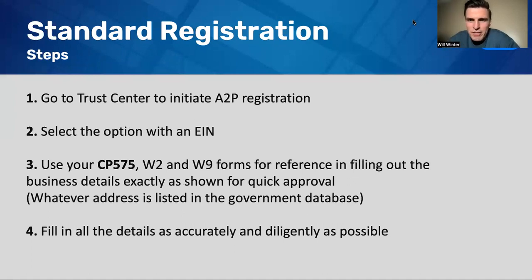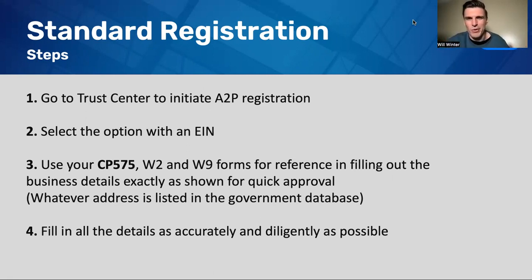Form CP575, that's what you would have gotten when you applied for an EIN. Also, W2 and W9 forms will have the correct information, but this is not just what is current or active. Maybe you've moved addresses. Whatever is listed in the government's database, this is the information you need to submit. It needs to be word for word. It needs to be even in the right order.